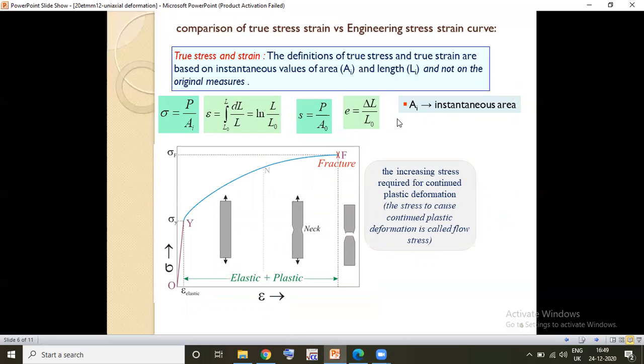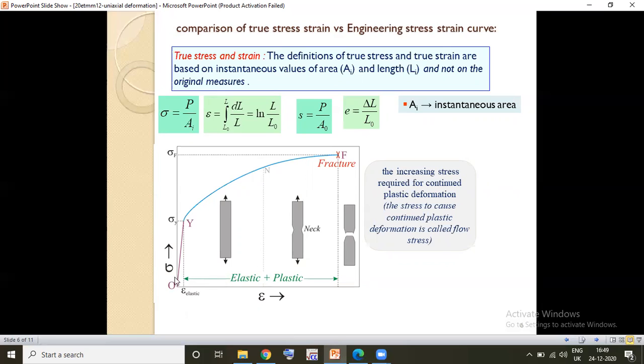Now let us see what the true stress and strain are. In the engineering curve we always use the original or initial values of area and length, whereas in practical testing the area of cross section is constantly changing. So in terms of true stress and strain, we use the instantaneous area and instantaneous length, which are more practical to use.